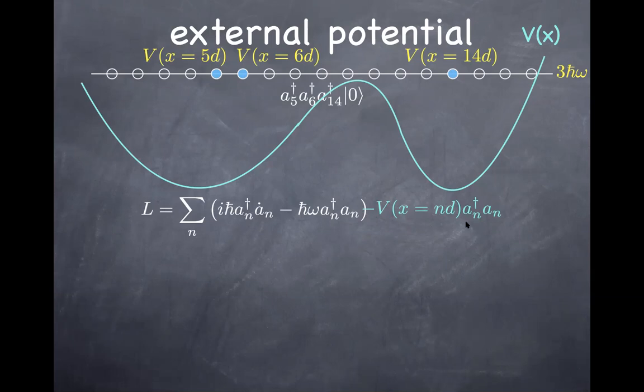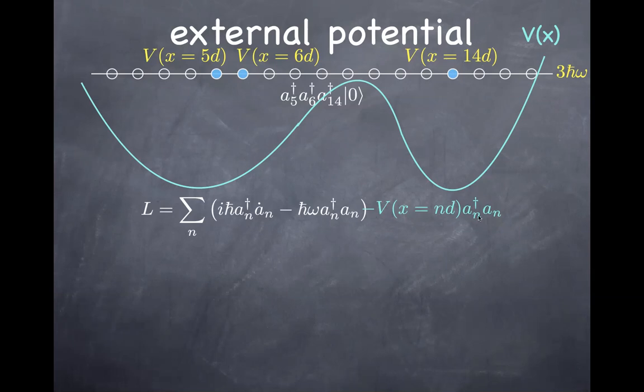If you use this Hamiltonian, a dagger 5 a 5 counts the number of particles at position 5d. At that position, you evaluate this potential, so that gives you this contribution to the energy. And a dagger 6 a 6 counts the number of particles at position 6, multiplied by the potential energy at that position, so that you get this contribution to the energy. And a dagger 14 a 14 gives you 1 for position 14, again multiplied by the potential energy.